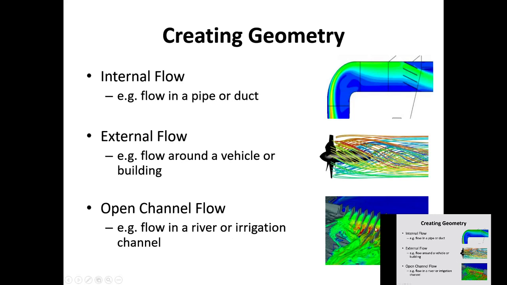In here, this part, this is an open channel. So the base of it is like an internal flow, but the outside is exposed to air. So it's a mix of internal and external flow.